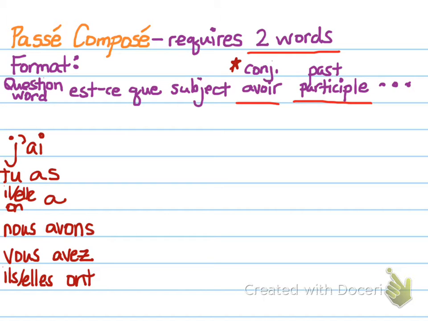Now, also remember that we can make any of this negative, and if we're making this negative, our ne and our pas go around our conjugated form of the verb avoir. Now, for the past participle, so far, you have learned how to form the past participle for a regular ER verb, right? For a regular ER verb, you start with your infinitive.